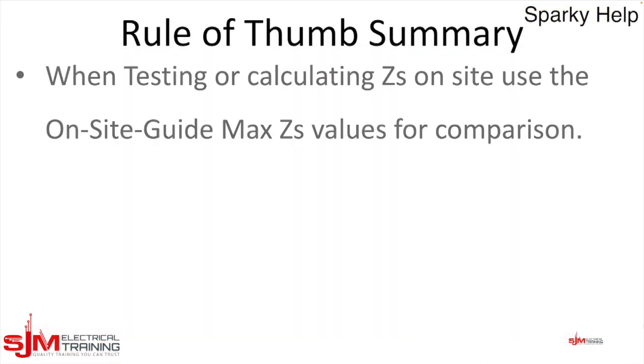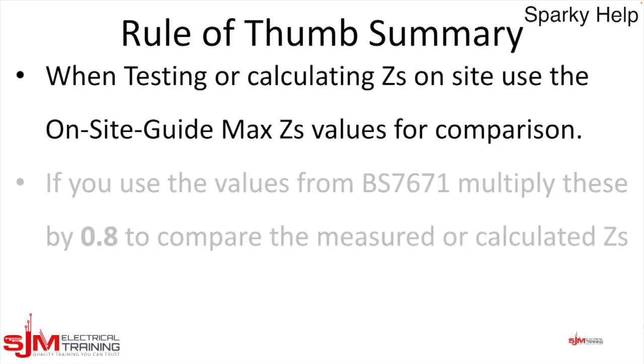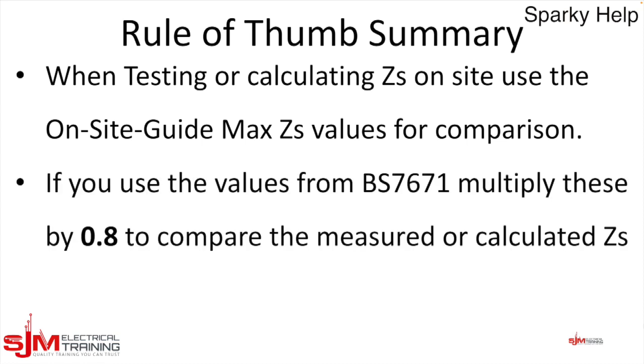In summary then, the rule of thumb: when testing or calculating ZS on site, use the on-site guide max ZS values for comparison. This avoids doing any calculation. If you do use BS7671, we can multiply all those values by 0.8 to compare with your measured or calculated ZS.